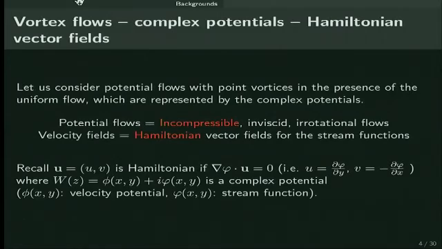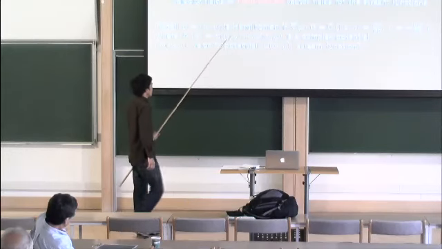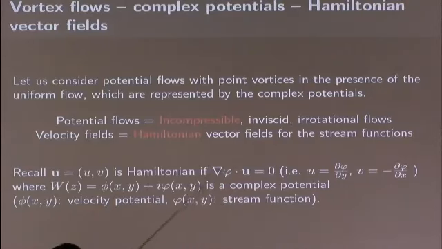Maybe everybody knows this fact, but I recall it. So what is the Hamiltonian? This is a definition, but now we deal with the 2D case. In this case, this can be written like this, and the stream function is of course the imaginary part of the complex potential.